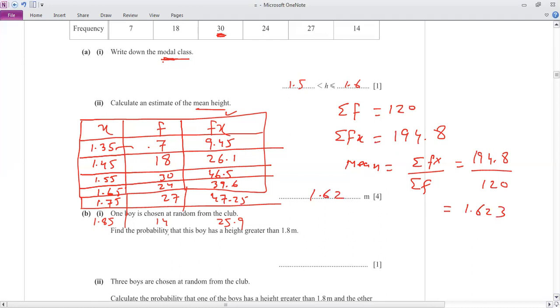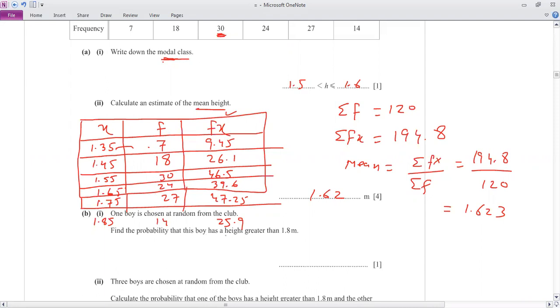Okay, clear? If it is clear, then I need to remove this so I will be able to read. Next: one boy is chosen at random from the club. The total number of boys in the club is 120.